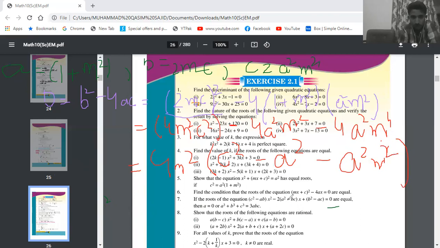So this value, having equal roots, must equal 0. So it must be c square minus a square minus a square m square equals to 0.